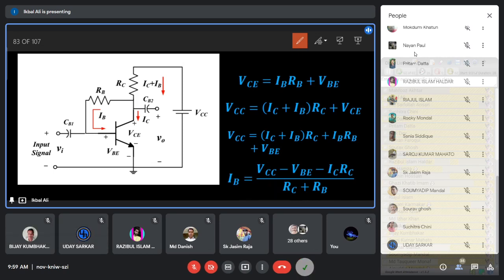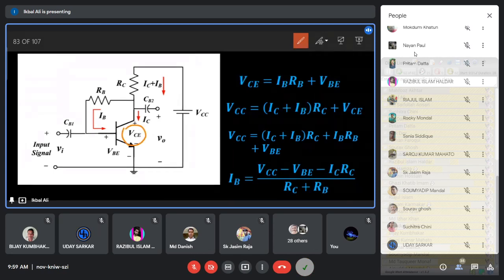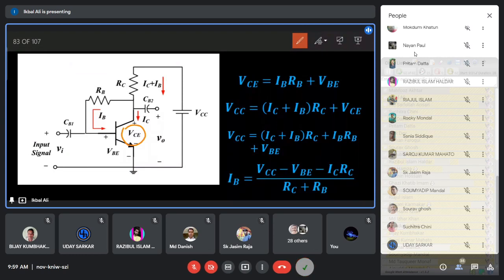First, we will calculate VCE. The potential drop VCE is the potential drop between the collector point, so this point, and the emitter point or the ground. This potential drop between the collector and the emitter is called VCE, the collector emitter voltage.